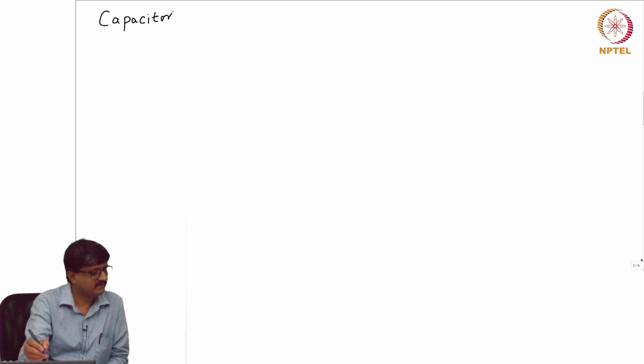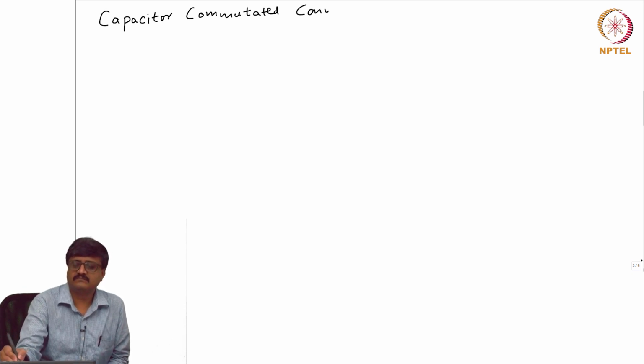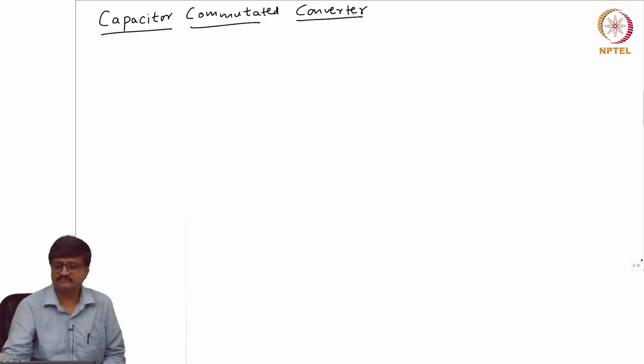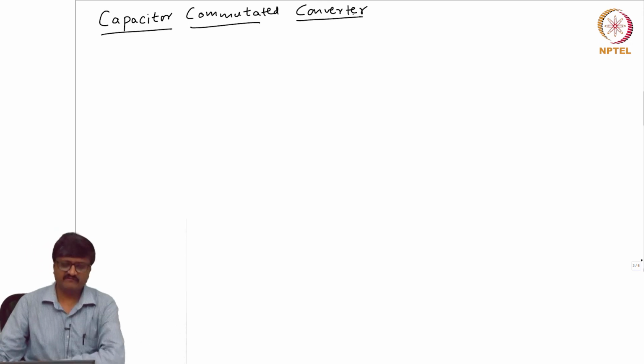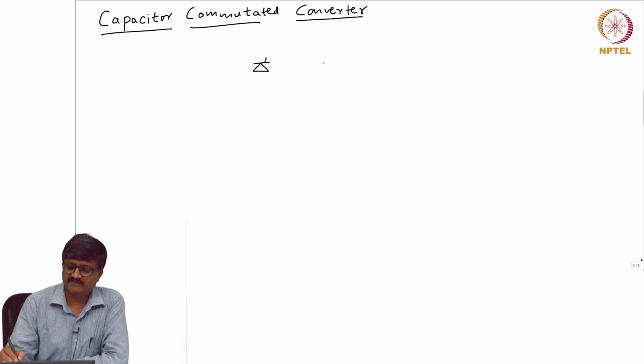So, in addition to the 6 valves, we will have what is known as capacitors on the AC side. So, what we get is a capacitor commutated converter. A capacitor commutated converter is the same as the line commutated converter with some addition.